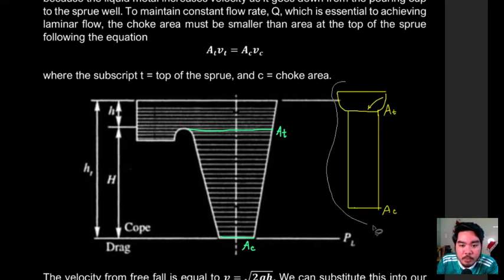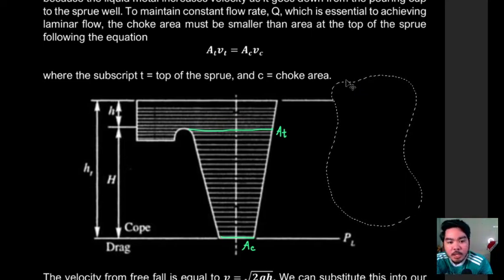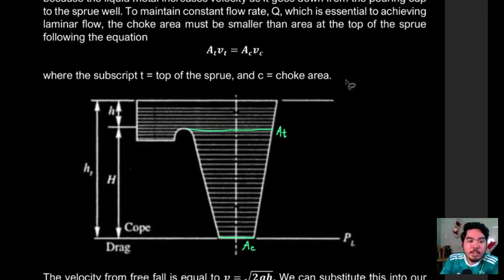tapered na sprue, which is the more convenient or the more effective na type of sprue, no? Then we need to calculate the etong AT na to. Okay? So why is it necessary to taper our sprue is because of free fall, no? Because we know that from this point, if, for example, we start at this point V is equal to 0, no?